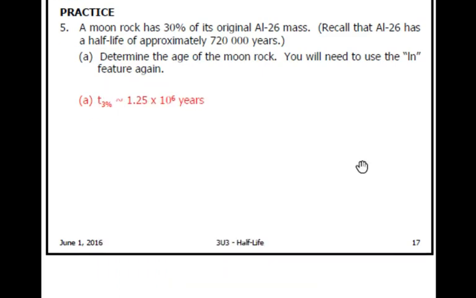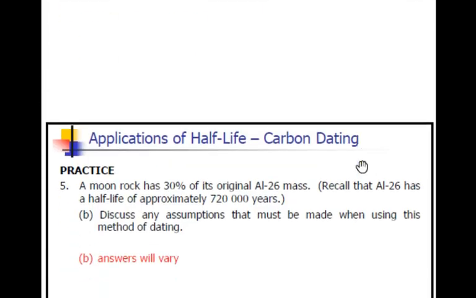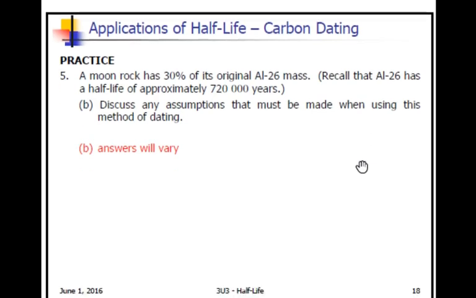There's another part of this problem. Discuss any assumptions that must be made when using this method of dating. Well, I guess you have to assume that the half-life is accurate, because this could have been a sample that just decayed faster.